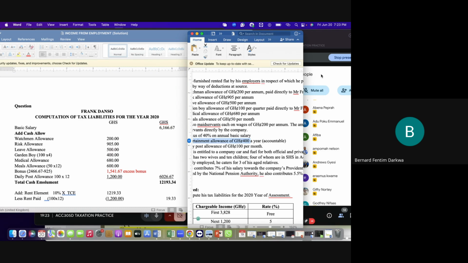Are you there or you are gone? Sir, we are here, but the network is not stable. Oh, really? Honestly, the network is not helping. Sometimes it goes off and it comes, so by the time it flashes in, you've almost done. Even when you were explaining the entertainment allowance, when you said it's accountable, it went off. We try, sometimes we manage.